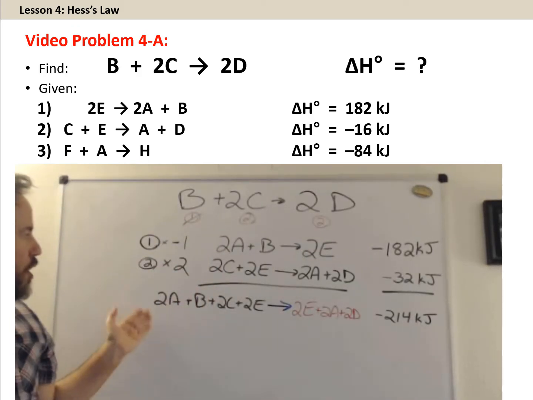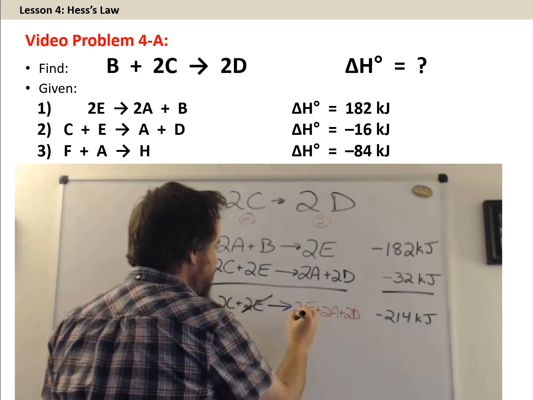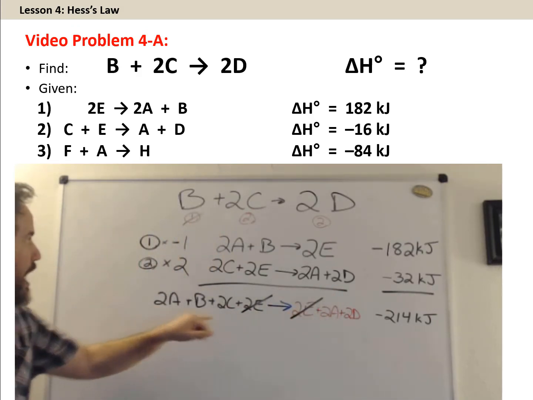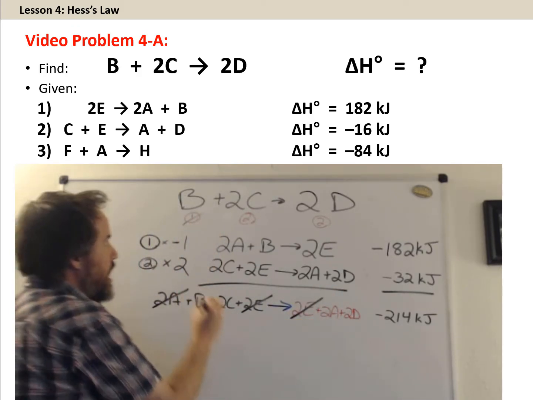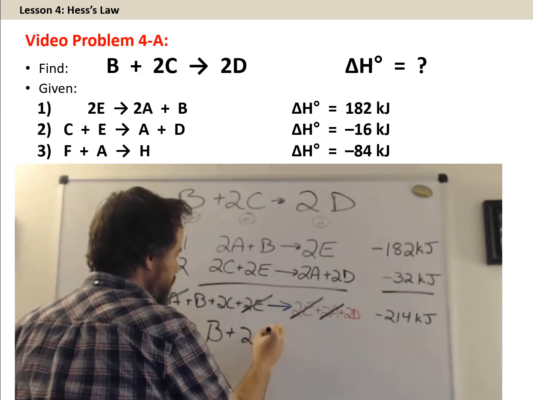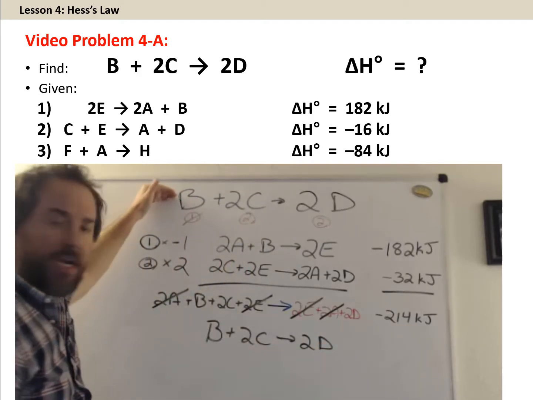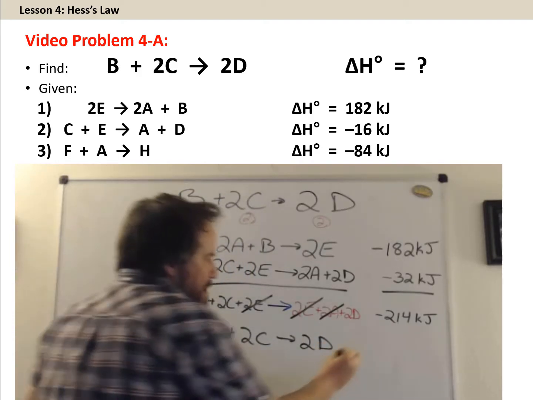kilojoules. Okay, so now looking at 2E, those cross out. 2A, those cross out. So I have B plus 2C goes to form 2D. And that's what I wanted all along. So I'm done.